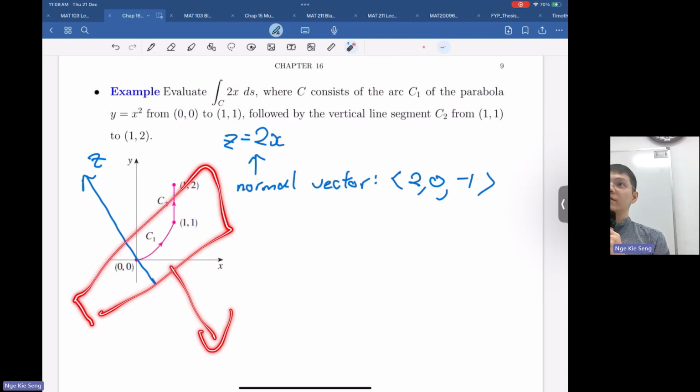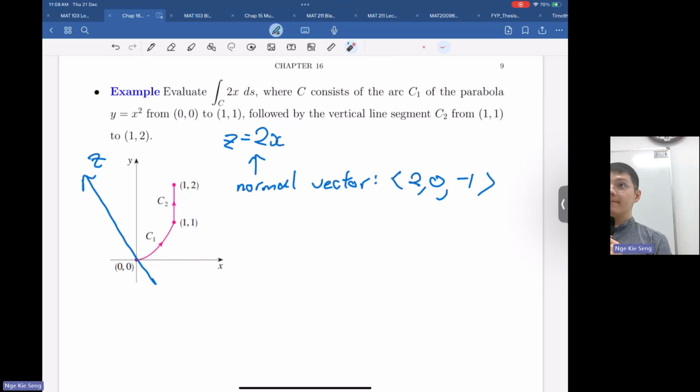And then you want to find what is above this line here.